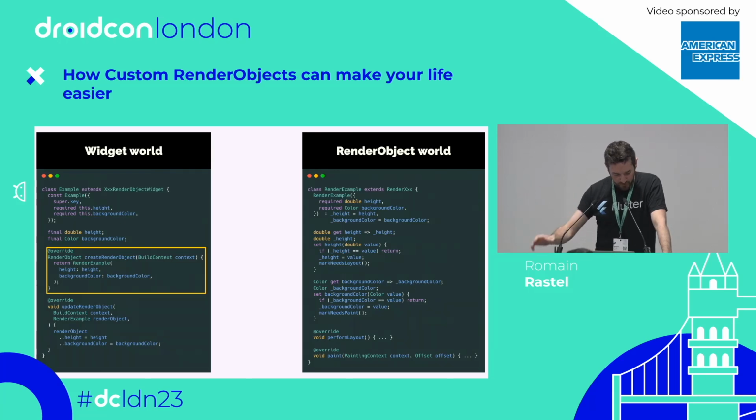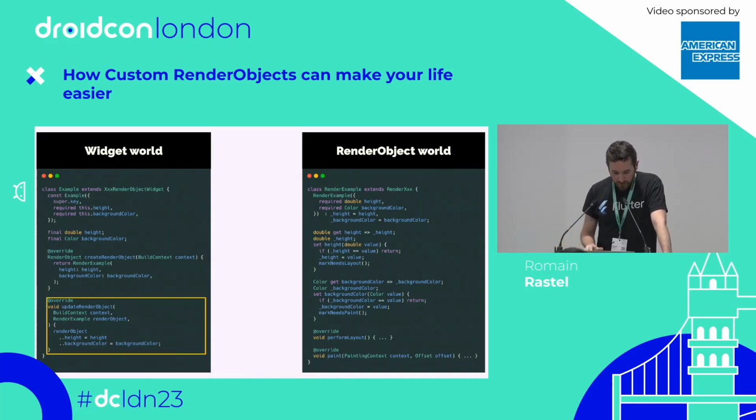There are only two methods we have to implement from the widget side. The createRenderObject, which is a method called by the framework when it sees a new widget at a position. This method is used to instantiate the render object that will live much longer than the widget.